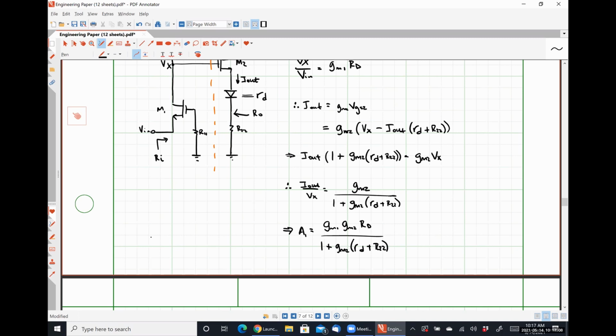Over here, what is my open loop input resistance? No. Oh, wait, actually, I might be wrong on this one. Crap, I was blanket saying it's infinity, but no, you're correct.